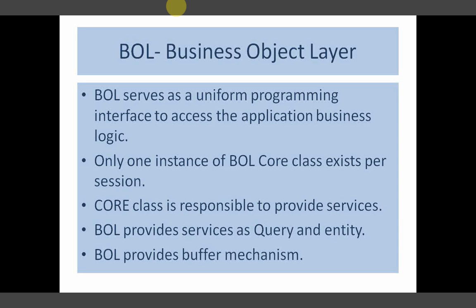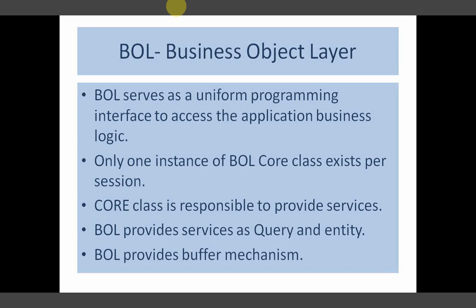We have seen the different services that core will provide. BOL provides services such as query and entities that we have discussed, and BOL provides a buffer mechanism that we have already discussed. So the main advantage of BOL is the services like query and entities and the buffer mechanism.